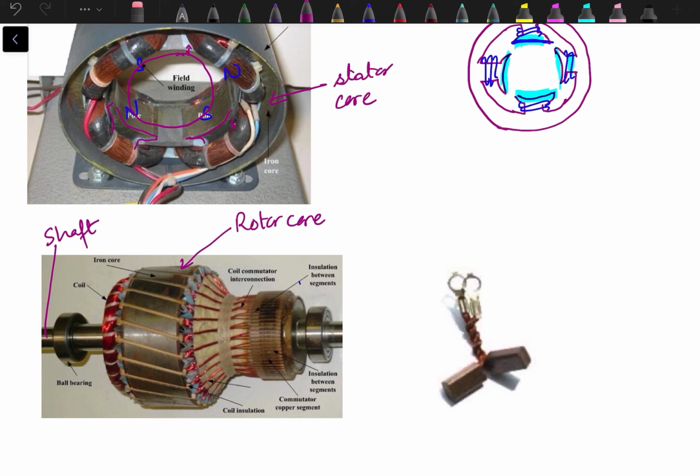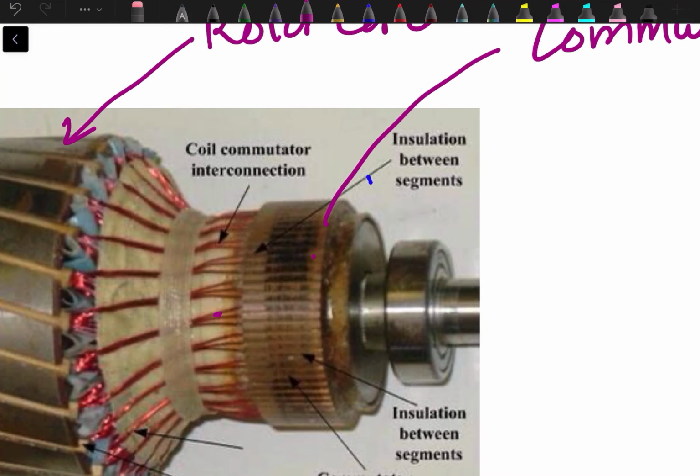and the ends of all these conductors, they are connected to this part which is known as commutator, which we can say it is the heart of DC machine. So what is a commutator? If you look in this, we can see lines over here, that this is one line, second line, and then this one is a different line over here.